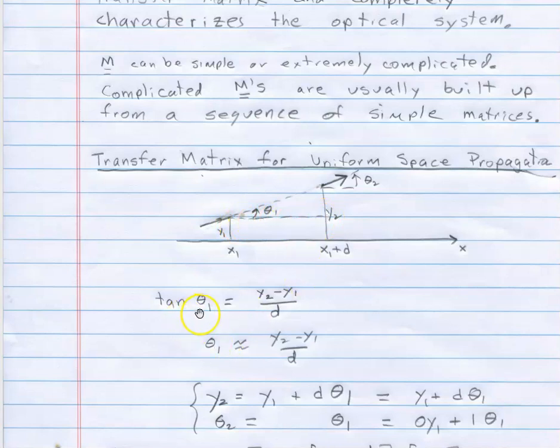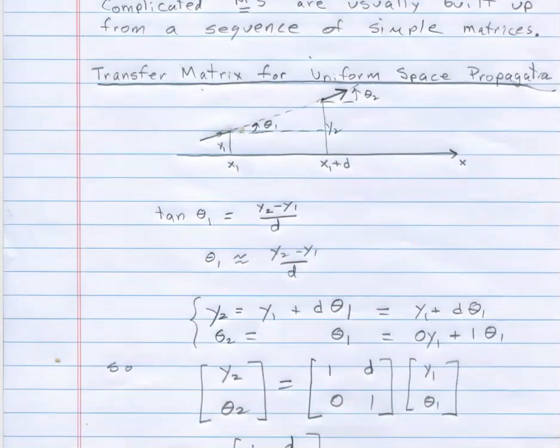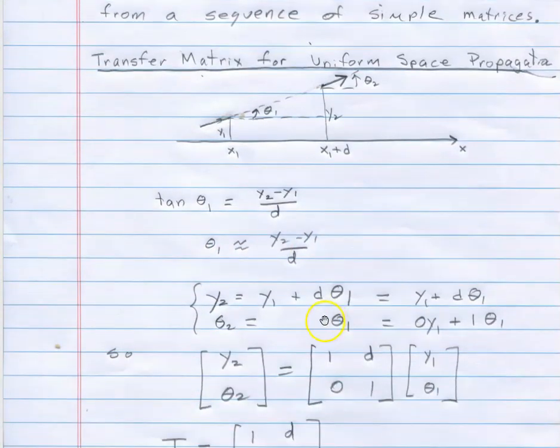And again, small angle approximation. The tangent of an angle is approximately equal to the angle, and we're close to that in these paraxial ray approximations. And I can solve this top equation for y2. It's equal to y1 plus d theta 1. And I just carried it on here.